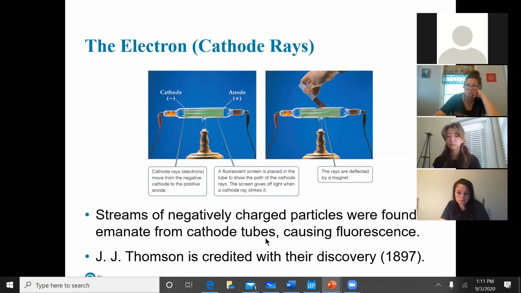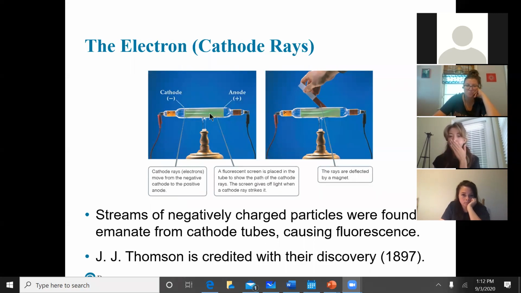So electron and a cathode ray. Streams of negatively charged particles were found to emanate from cathode tubes, causing a fluorescent quality. So we'd have a cathode tube here, and right here in the center, this is a stream of negatively charged particles.